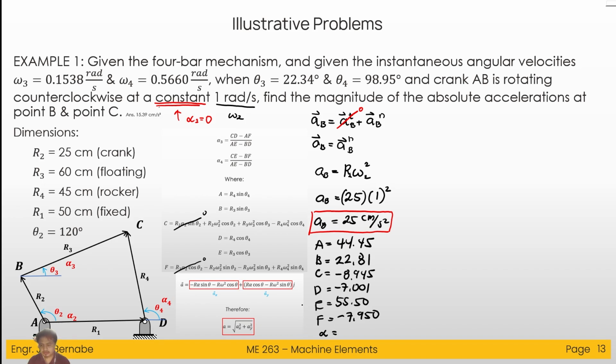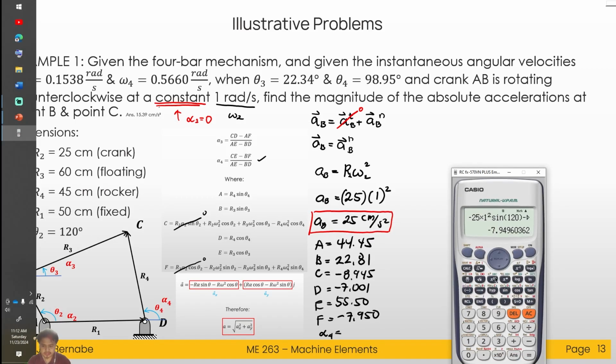So to find the angular acceleration at point 4, we're only interested in point C, no? So this will be alpha 4. So you just have to solve this one. So CE over CE minus BF. So CE, so negative 8.945 times E. So E here is 55.50, no?